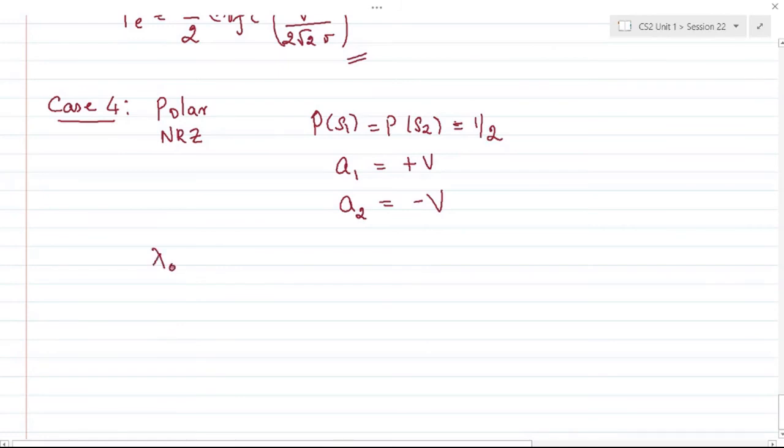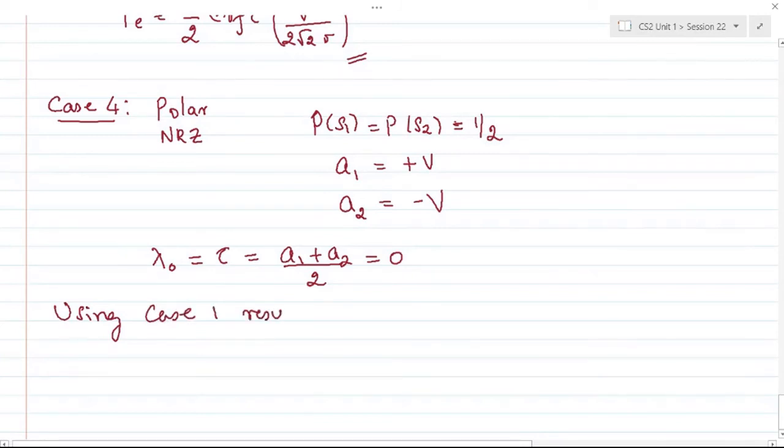Lambda naught, the threshold in our case here, would be what? It would be tau again, half of (A1 plus A2). In our case, A1 plus A2 by 2 would be 0. So again, we can utilize the case 1 result.